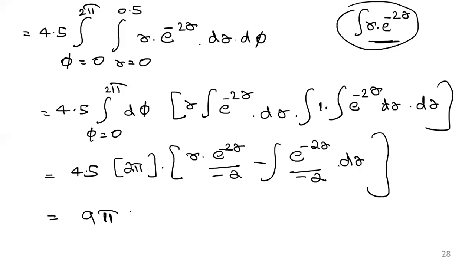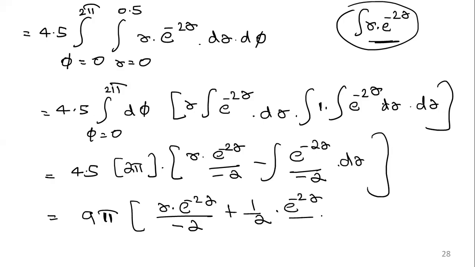So 9 pi, r into e raised to minus 2r by minus 2, plus 1 by 2 into e raised to minus 2r by minus 2, from 0 to r. This 0 to r is 0 to 0.5 only, right? R is equal to 0.5, already we have written here.